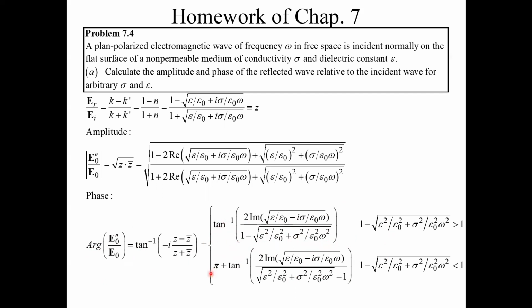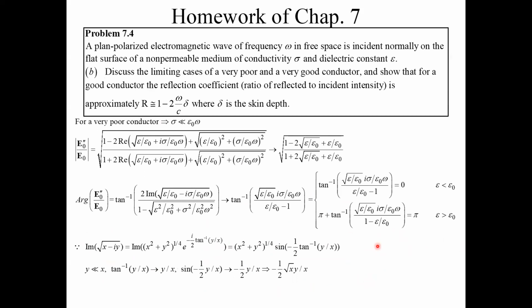So we have a pi. It will give a pi outside the tangent minus 1 here, and here will change into we'll add a negative number here. Okay, so our angle has two answers here for different cases.